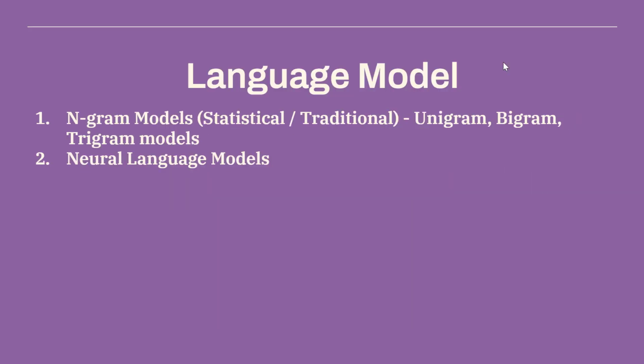If you talk about the traditional language models, we have n-gram models, which are called traditional models, and we have some examples like unigram, bigram, trigram models. And then we have neural language models. But these language models are small or simple with limited understanding and memory.